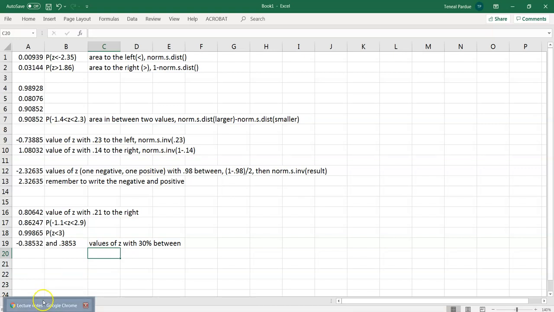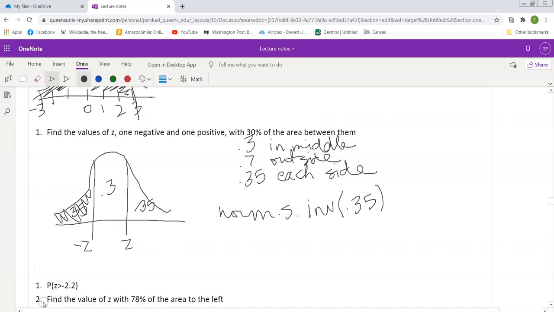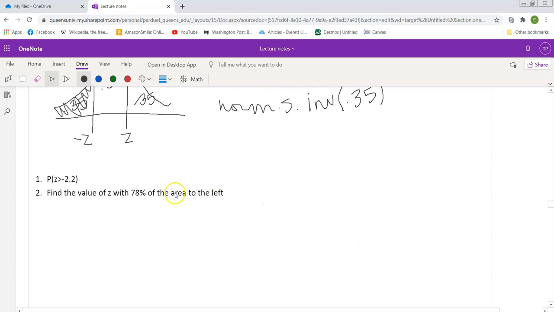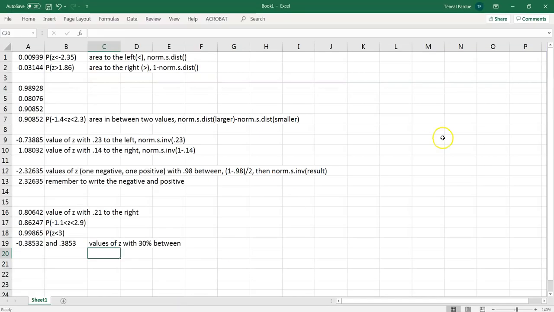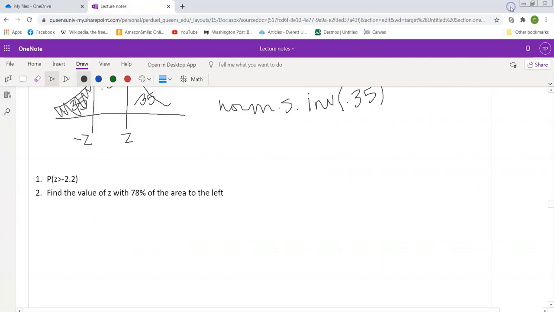But I'd rather have both. I'm not sure what the back of your book asks for, but so your answer's there. I should write them down over here. Negative 0.3853. And positive 0.3853.